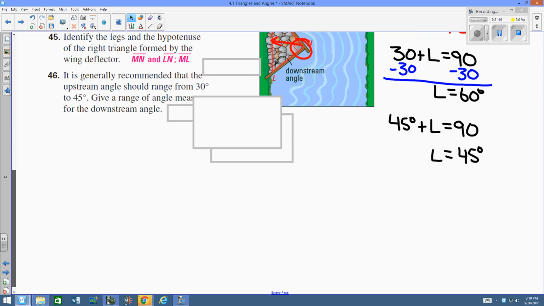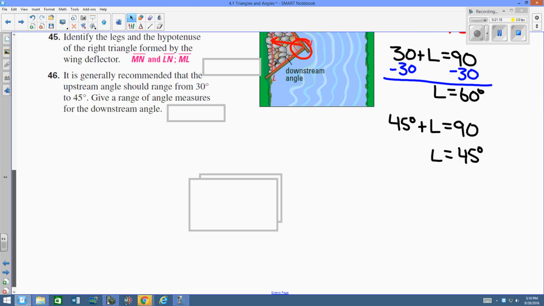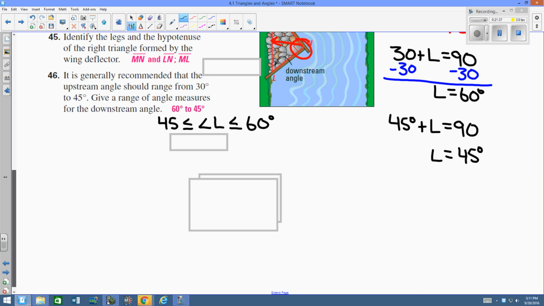So the range the angle L could be is between 45 and 60 degrees. I'd probably write it like this.